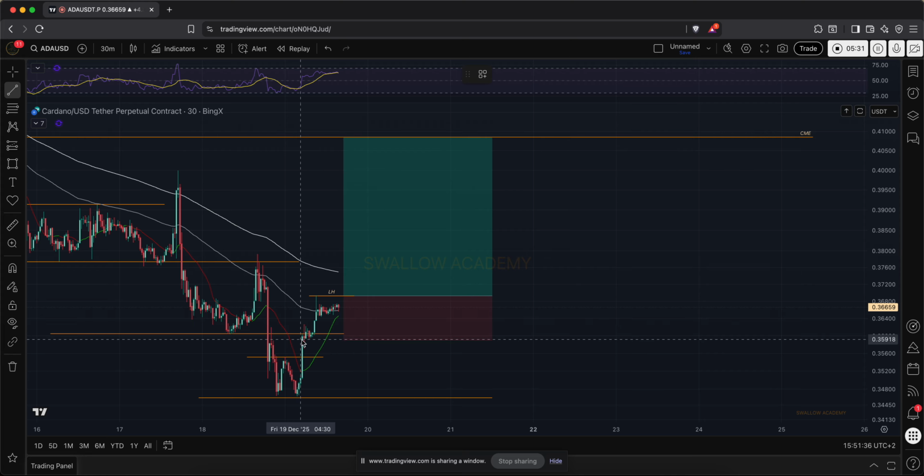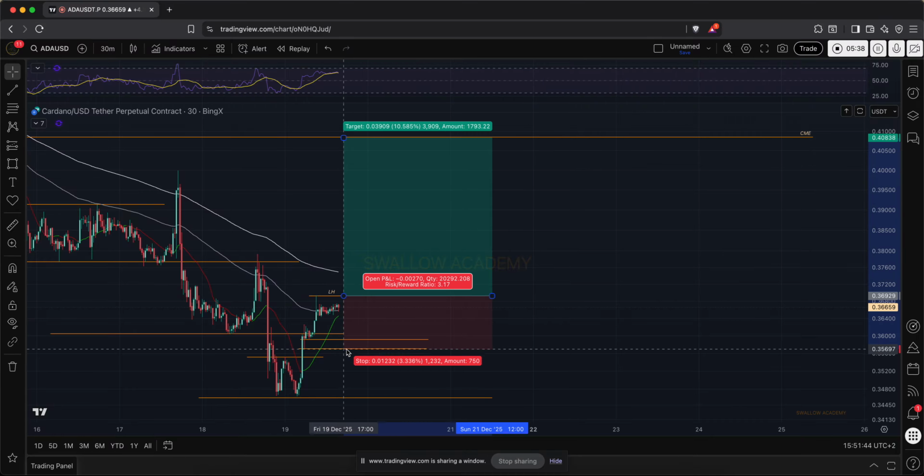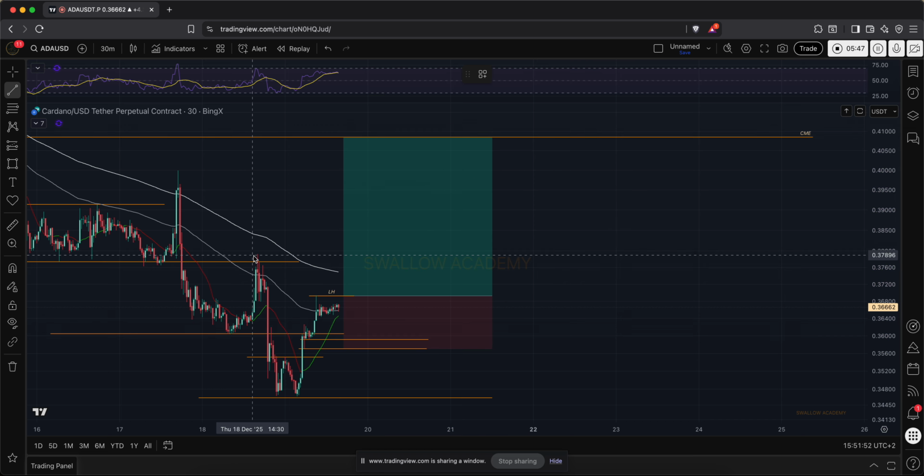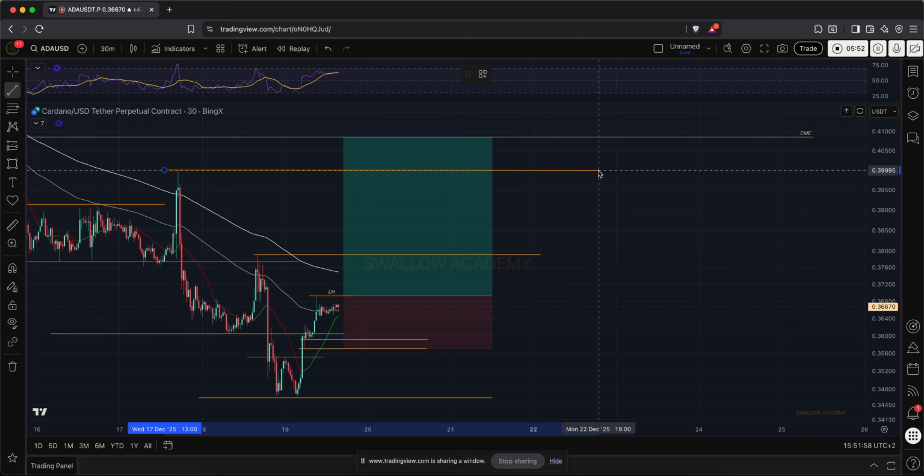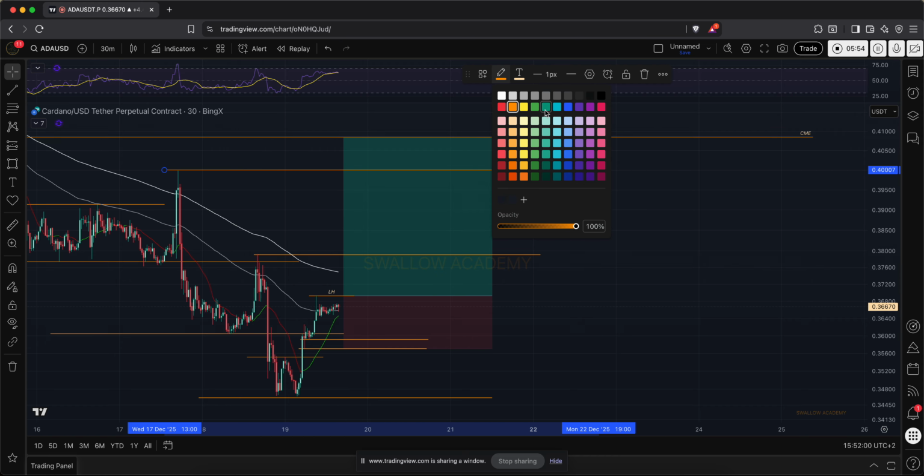In this zone of struggle, if we see any kind of sharp movements, we might move our stop loss closer here. The risk and reward ratio will still be like 1 to 3, so more than good. I'm going to mark the first zone where we would take profits like this. Too many one colored lines here already.